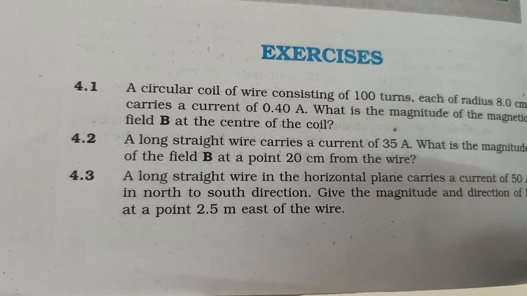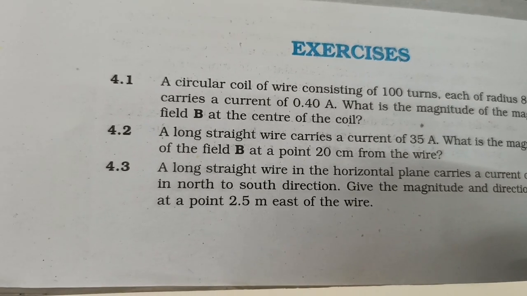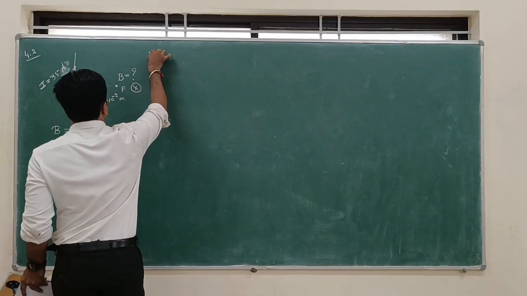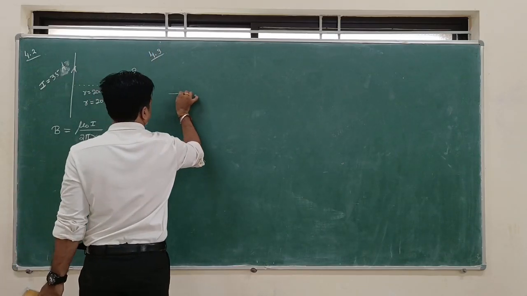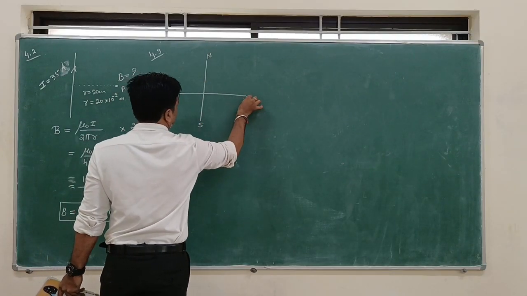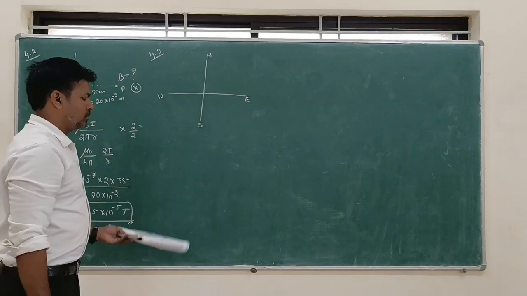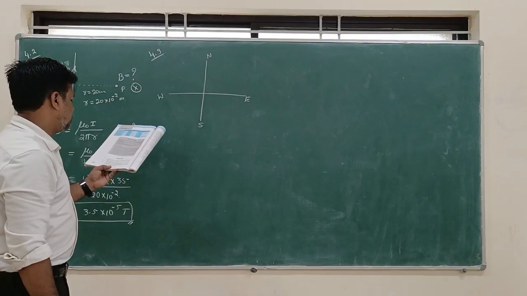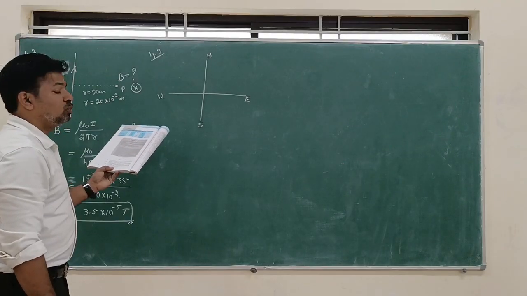Give the magnitude and direction of magnetic field at a point 2.5 meter east of the wire. North, south, east, west. Carries current of 50 ampere in north to south direction.